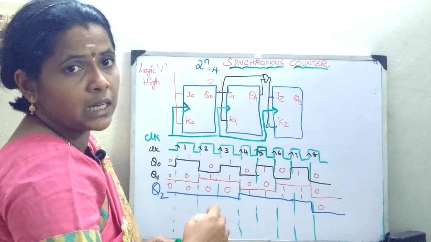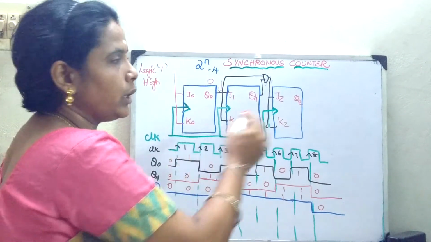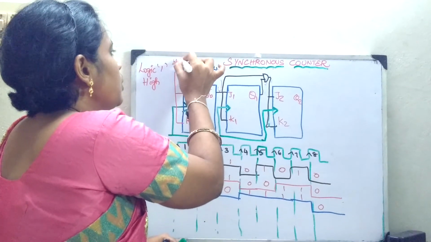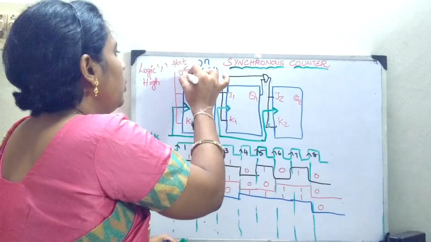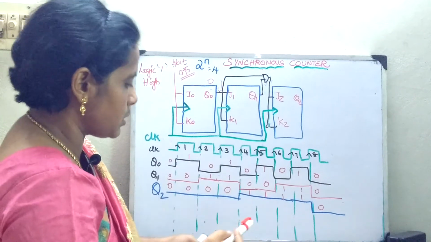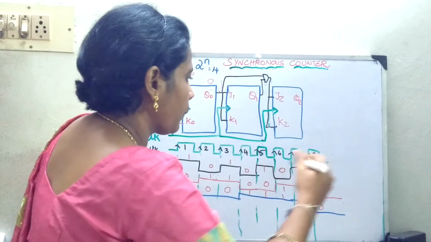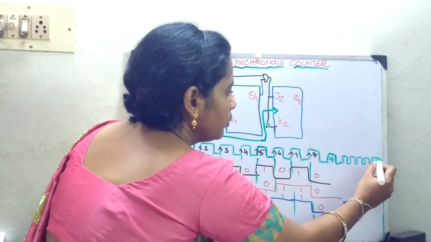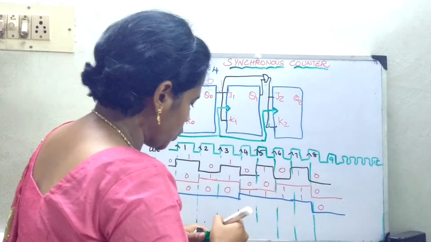If I want to extend it to a 4-bit counter, how many states can it count? It can count the states from 0 to 15. So in that case, what modifications do I have to do? I am just putting the last one alone.